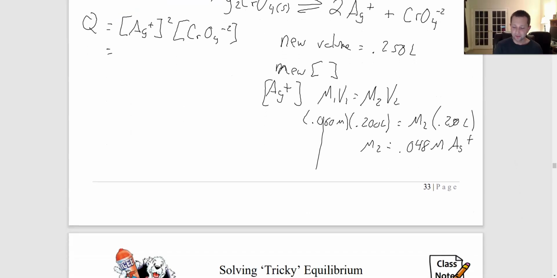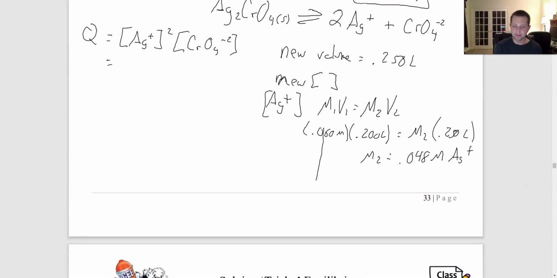I'll do it here real quick, just underneath. So for chromate, M1V1 equals M2V2. M1 we said was 0.010 molar.